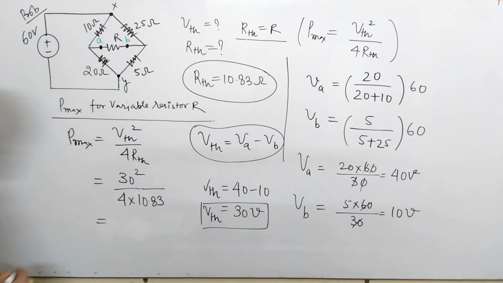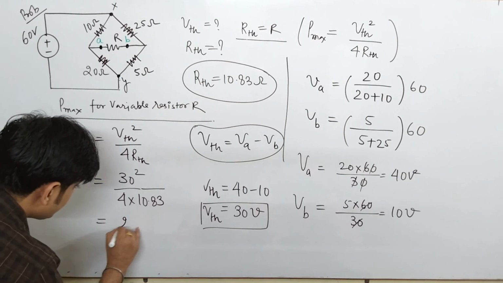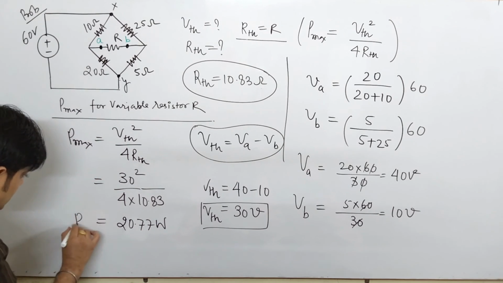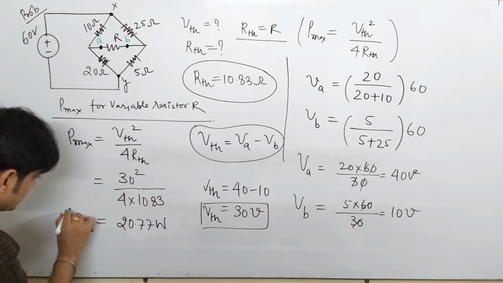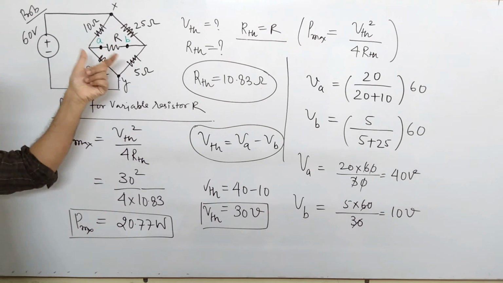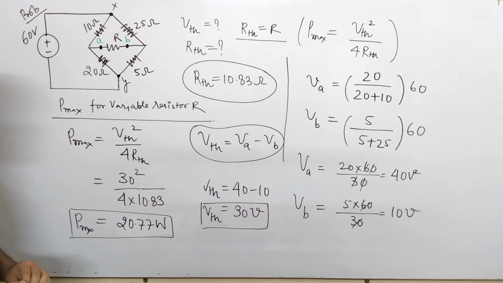So how much is it? That comes to be 20.77 watt. This is the maximum power which is transferred by this entire network across the resistance, it means to the resistance R across the terminal AB.